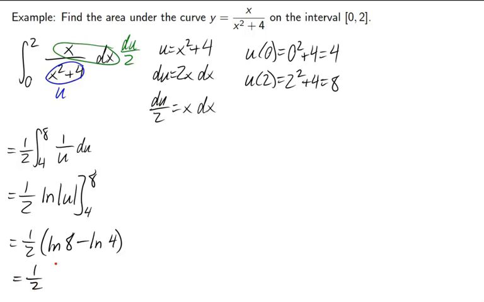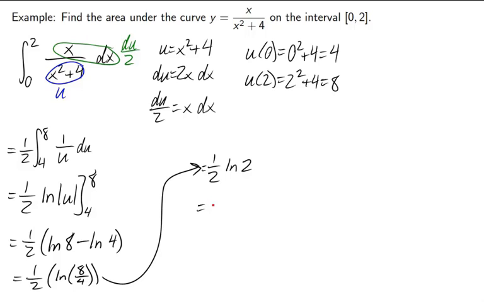But remember your rules of logs. This is really the natural log of 8 over 4. So we can call this 1/2 natural log of 2. And even more so, you can say natural log of the square root of 2, if you'd like. But either way, this answer right here was fine.